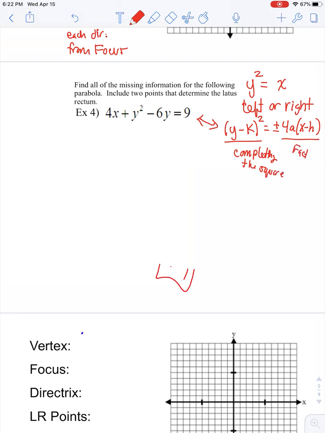And on this side, we're going to have to make sure we have everything factored. So a couple of different steps. Okay, back up to our equation over here. Since we want the y squared on the left-hand side, I'm going to leave my y squared minus 6y alone. But I am going to have to complete the square, so I'm going to go ahead and add in a blank to be ready to do that.